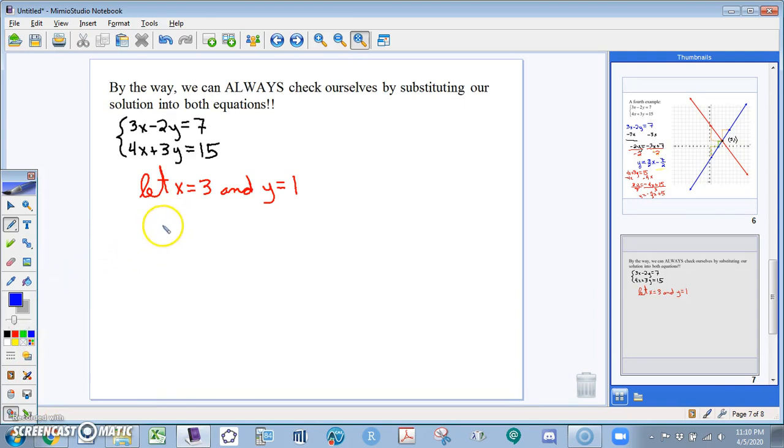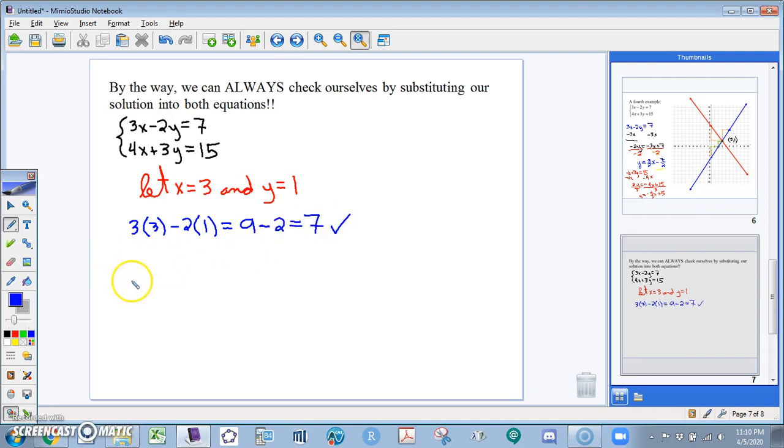I want to show you quickly what we mean about a solution. If we were to take our answer, where x was 3 and y was 1, and substitute that into our equations. So the first equation, if I let x equal 3, and I let y equal 1, and I just work out that side there, that gives me 9 minus 2, which does indeed equal 7.